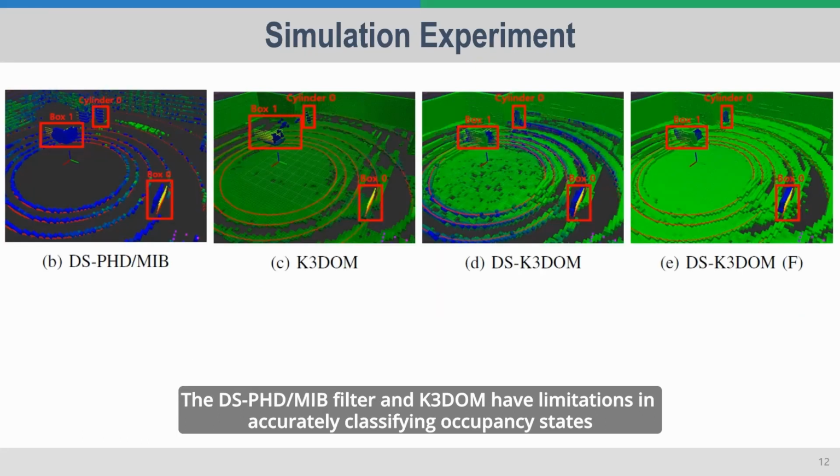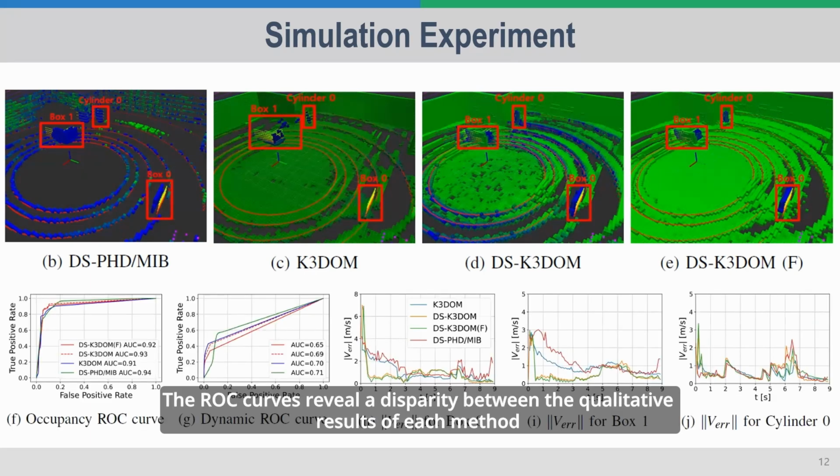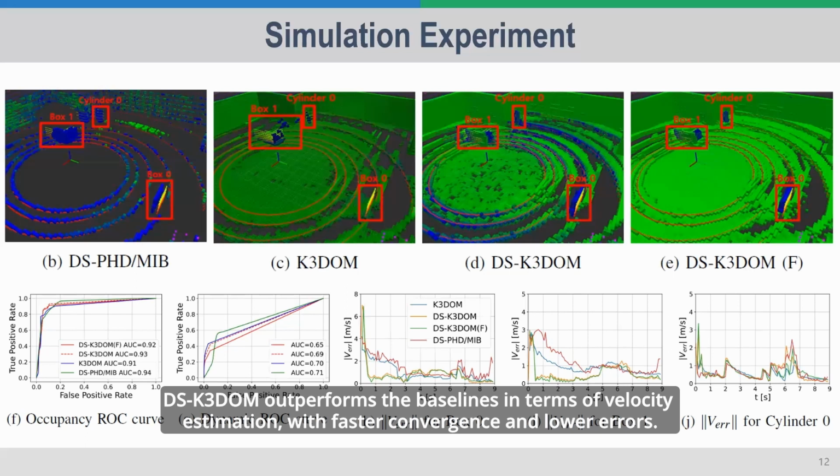The DSPHD-MIB filter and K3-DOM have limitations in accurately classifying occupancy states and expressing dynamic objects in occupancy maps, respectively. The ROC curves reveal a disparity between the qualitative results of each method due to differences in the evaluation standards and cell sets. DSK3-DOM outperforms the baselines in terms of velocity estimation with faster convergence and lower errors.